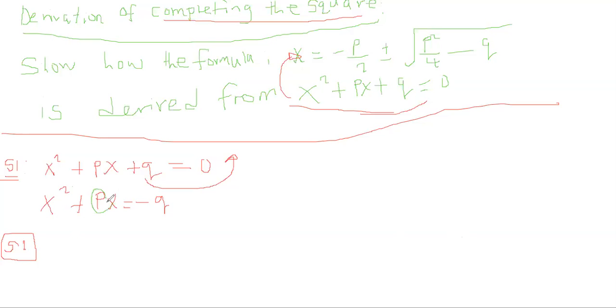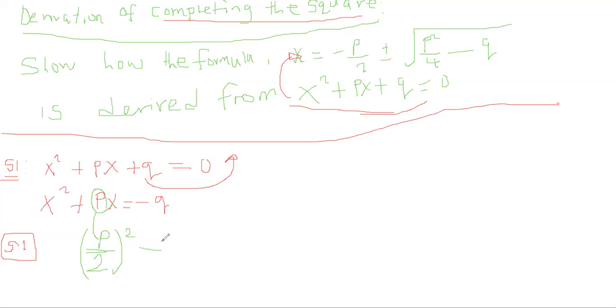The name completing the square came about because p is divided by 2, and after being divided by 2, we raise it to the power of 2. Why we do this is beyond this class. We can go further and prove it, but it will take us to another level of mathematics. Just know that we take p, divide it by 2, then raise it to the power of 2.